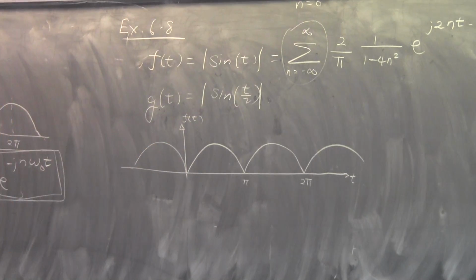What is the period of the second function? How big must t be before the argument reaches the value of pi? t must be 2 pi, right? So is the period larger or smaller? Twice as large, right?